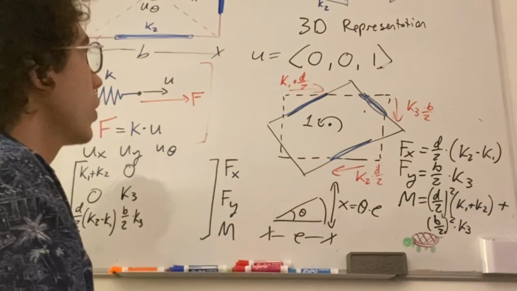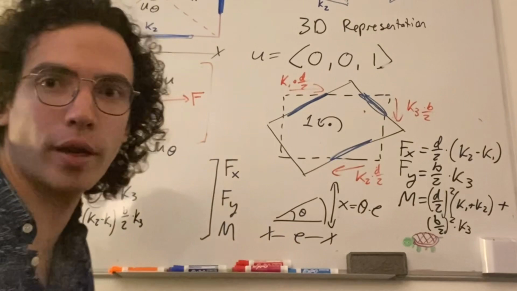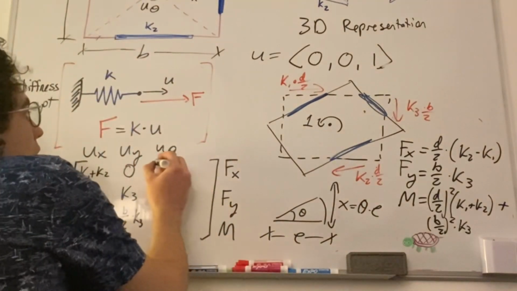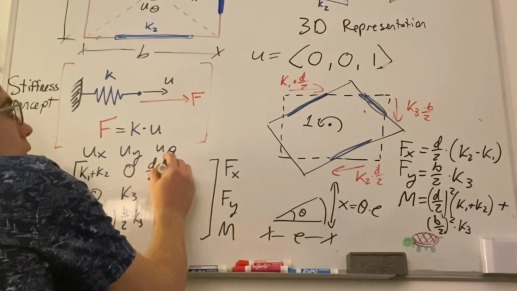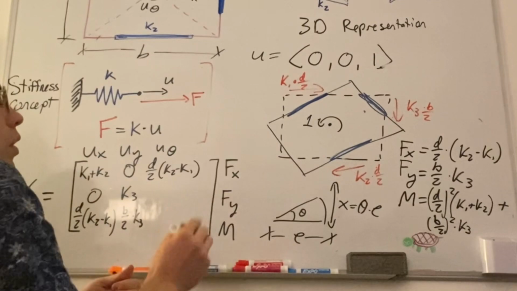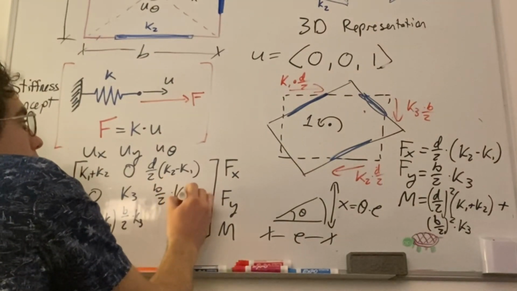All right, so that's that, and then these go into the matrix here. I expanded a little bit to make room for the longer equations here. So let's see if it'll fit. D over 2, K2 minus K1, right there. And then we have B over 2 times K3.